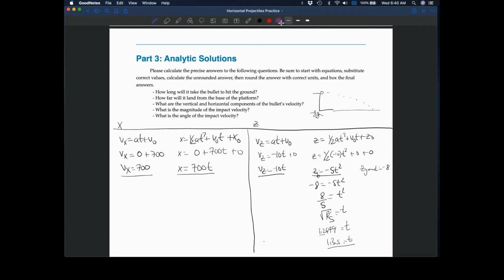So now we are going to take that value. How far will it land from the base of the platform? Well, how far? That's horizontal. So now we substitute in, and we have x equals 700 times 1.2649. And again, we use the unrounded number because we never round until the end, lest we propagate the error even further.